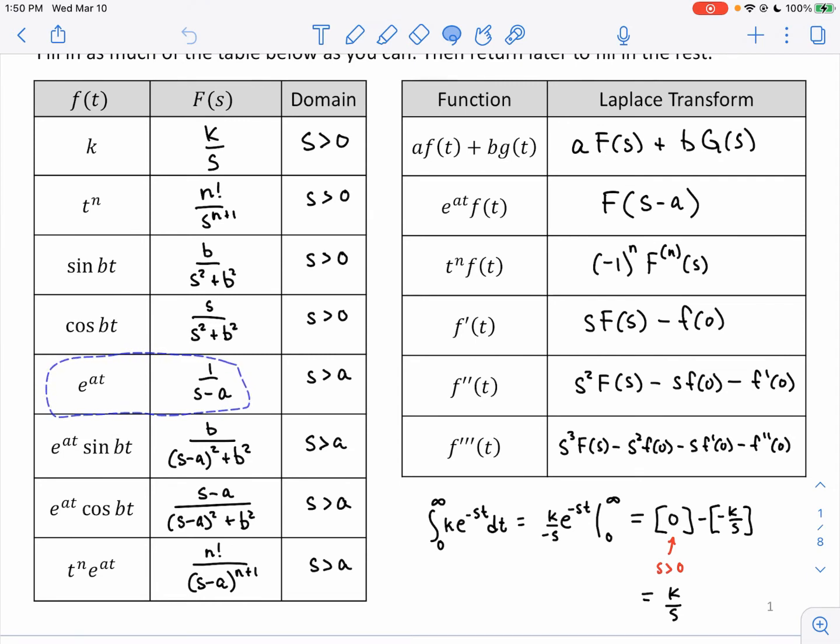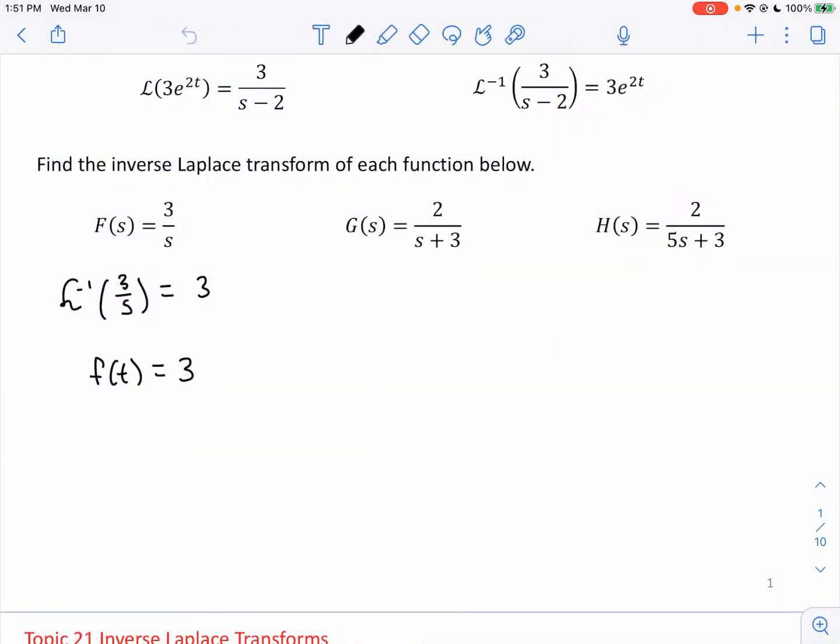In other words, we can say that the inverse Laplace of 2 over s plus 3 is equal to 2 times the inverse Laplace of 1 over s plus 3. So the linearity of Laplace transformations also works going backwards.